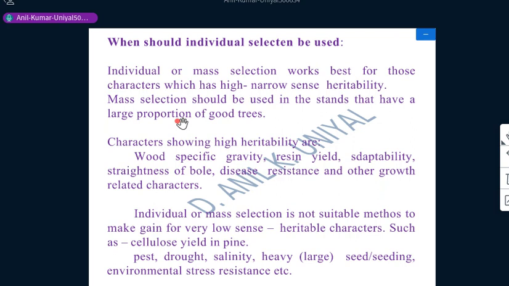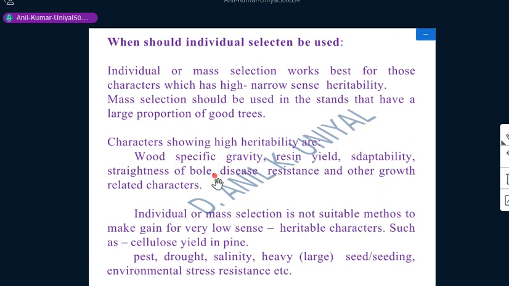Then the characters that have high heritability are wood specific gravity, which is determined after calculation of volume and height of tree as well as age. Then we have resin yield, adaptability, straightness of bole, disease resistance, and other growth related characters. These have high heritability.